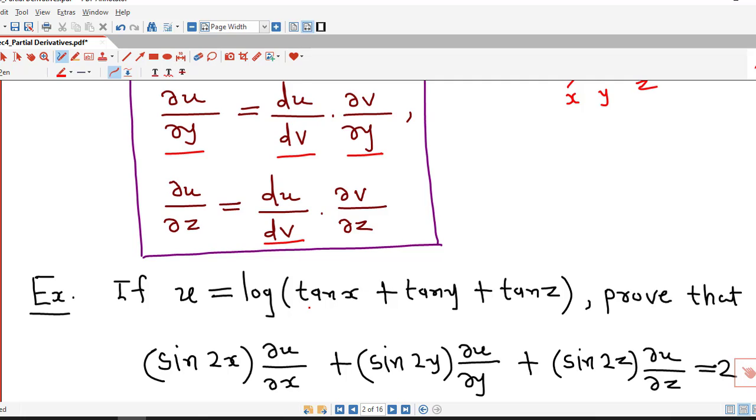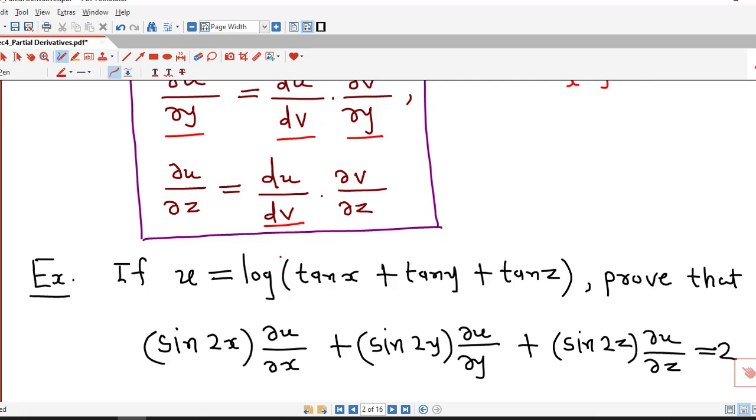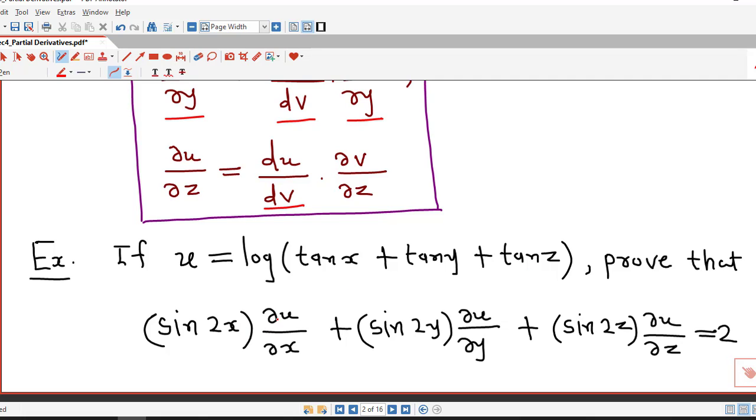So we consider one more example of this type. It is given that u equal to log of 10x plus 10y plus 10z, and we have to prove this equality. Sin 2x into del u by del x plus sin 2y into del u by del y plus sin 2z into del u by del z equal to 2.